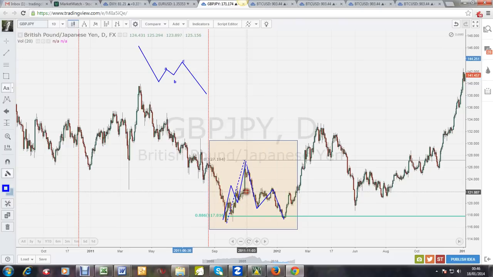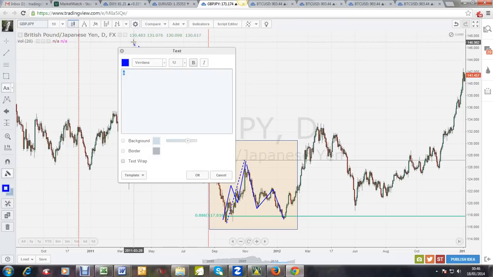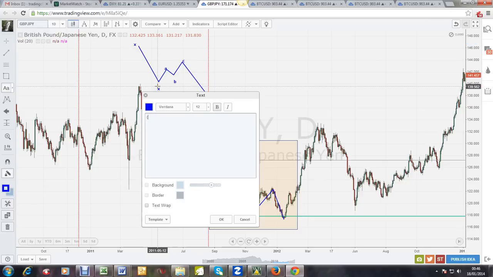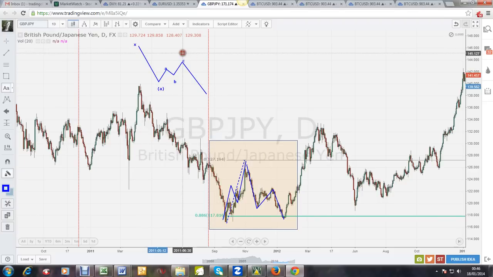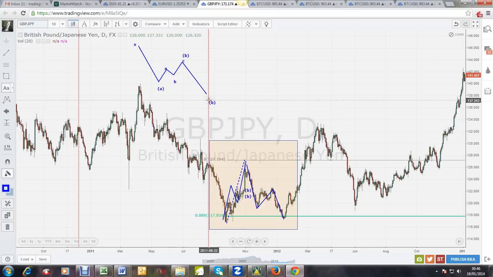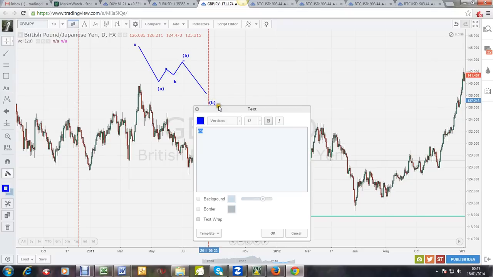Okay, so that would be a correction, but then starting off from here, we'll call this X, then we'll call this one a larger degree wave A in brackets, larger degree wave B in brackets, and then a larger degree wave C in brackets.